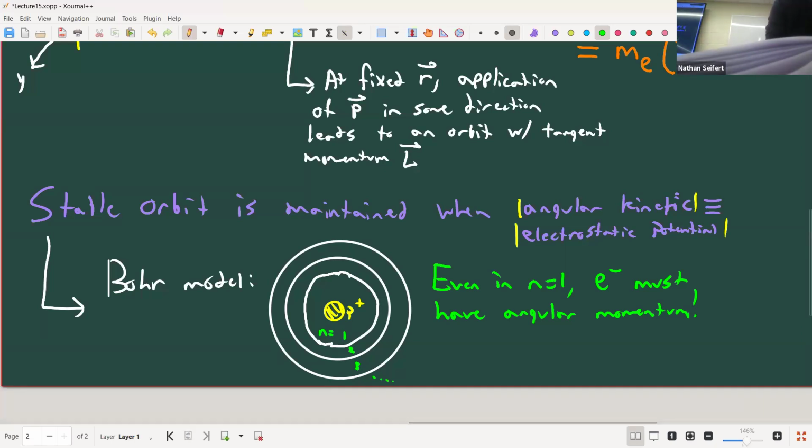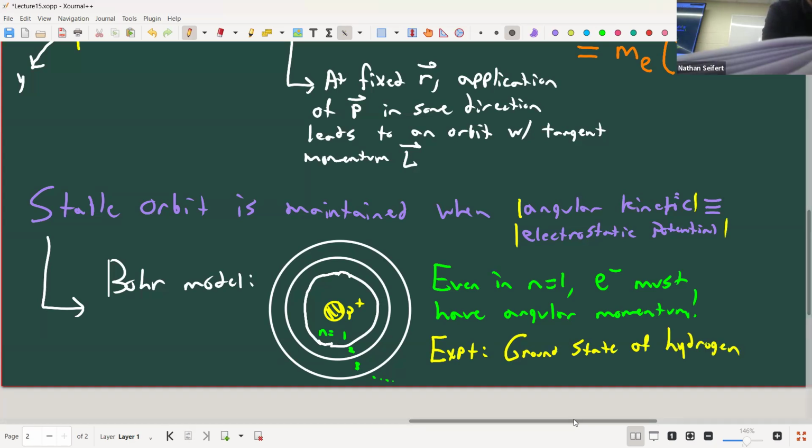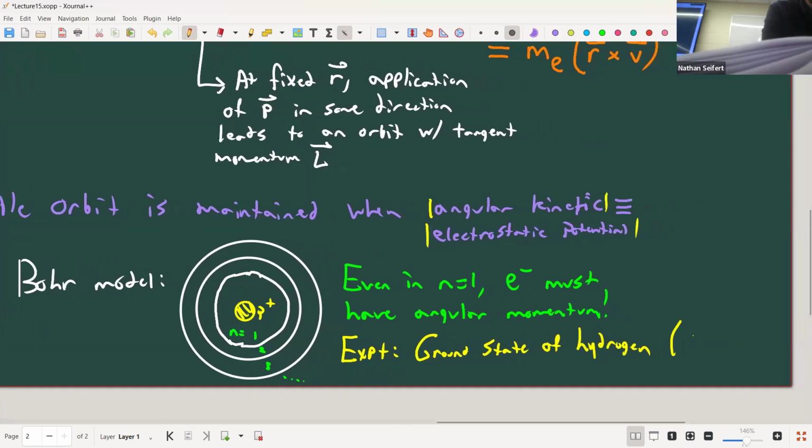But guess what experiment shows? Experiment shows the ground state of hydrogen, which is the 1s orbital, has no angular momentum.